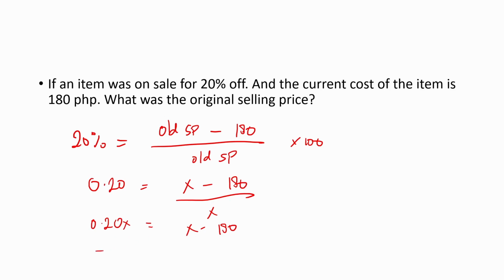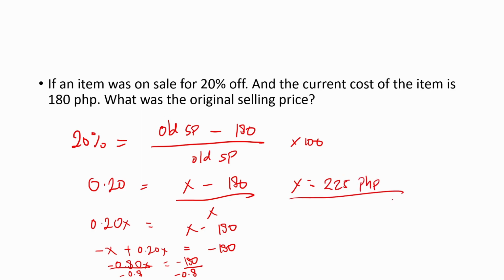So negative x plus 0.20x equals negative 180. So this is negative 0.80x equals negative 180. Let's divide both sides by negative 0.8. The original selling price was 225 pesos.